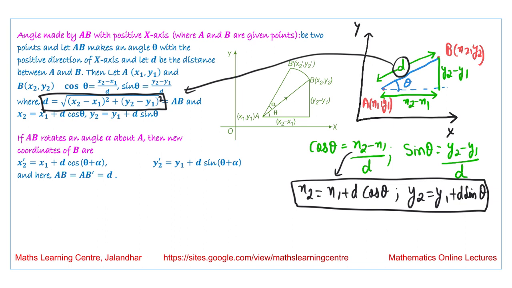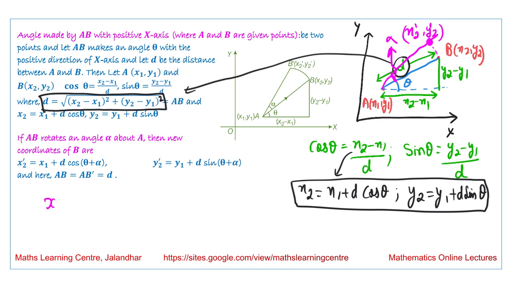Now if this line AB rotates by an angle of alpha, then this point is shifted to a new point, and this new point is x2 dash comma y2 dash.